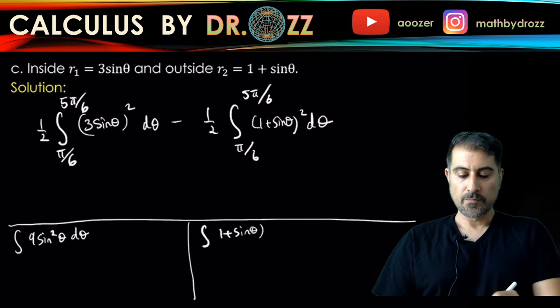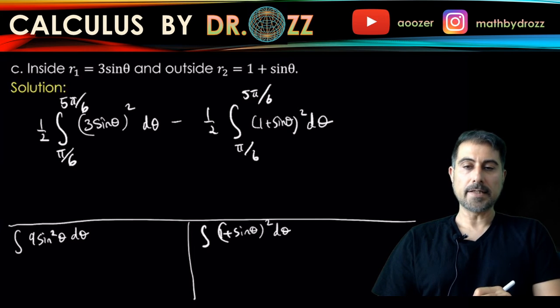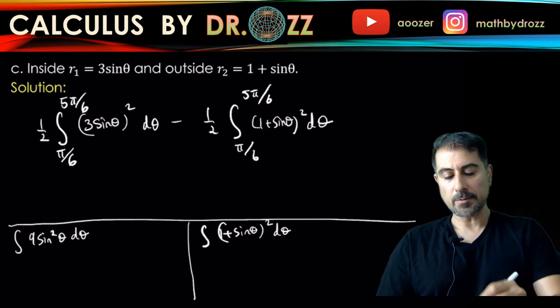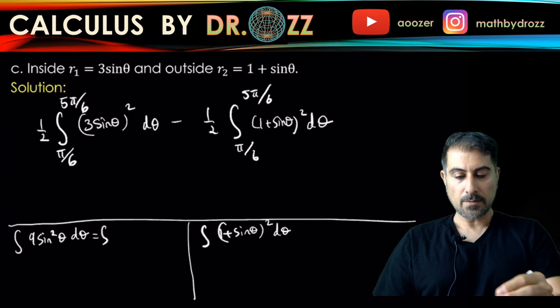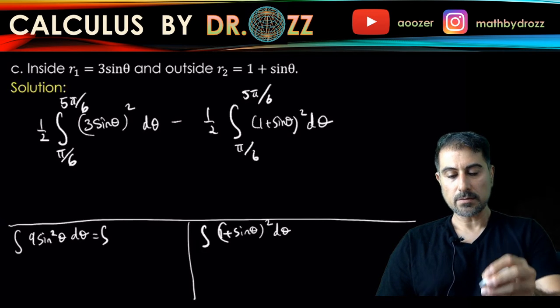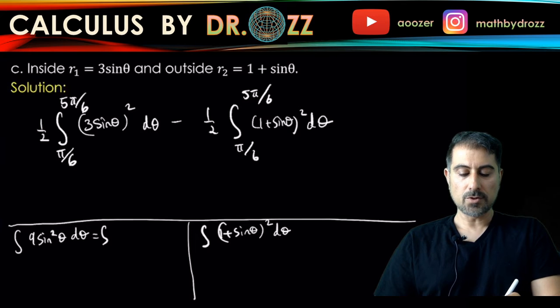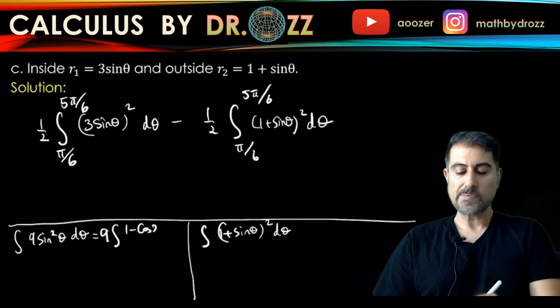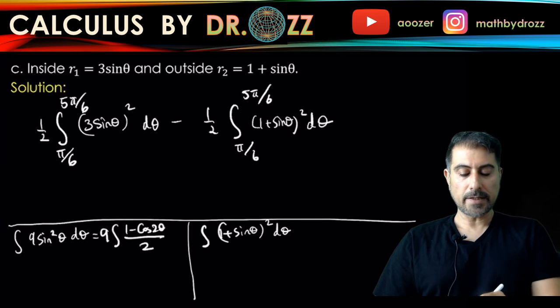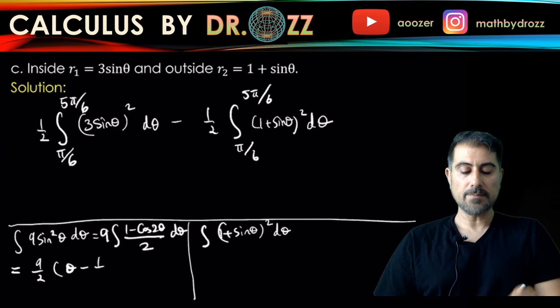For this one, I'm going to use the power reducing formula for sine. Let's pull the 9 out, and use the power reducing formula, 1 minus cosine 2 theta over 2, d theta. And this is integrated as 9 over 2 theta minus 1/2 sine 2 theta plus c.